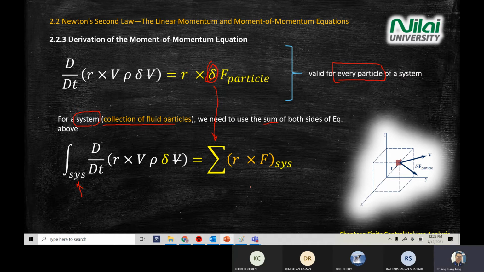Okay, so far we are still in the mathematics dimension. So I'm going to move forward. This is just an explanation of how you transform from particles to system. All right.